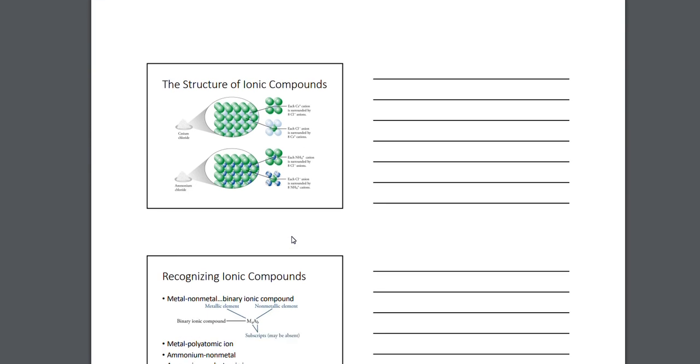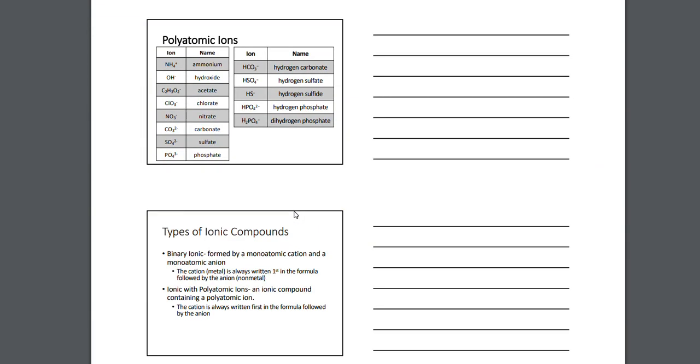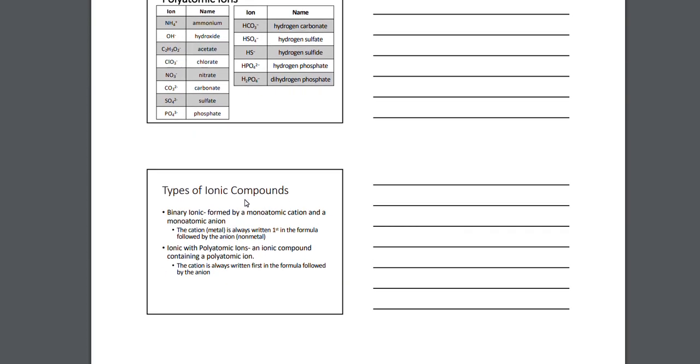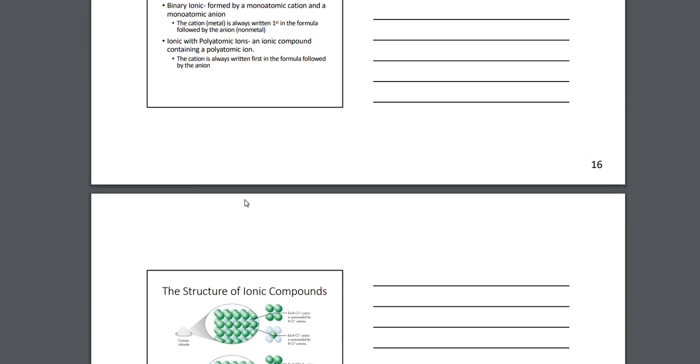Okay, so this is the structure of ionic compounds, and we talked about it earlier. Ammonium, which is the first one in this list of polyatomic ions, is the only one that has a positive charge. That's why ammonium will act as a cation and form an ionic bond.